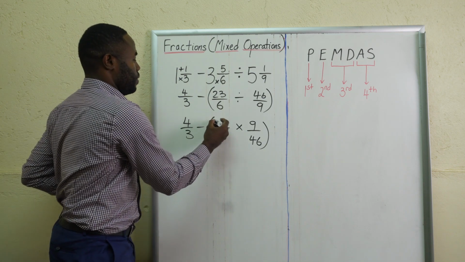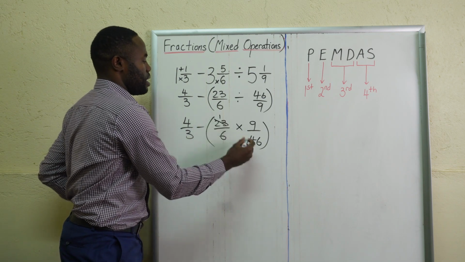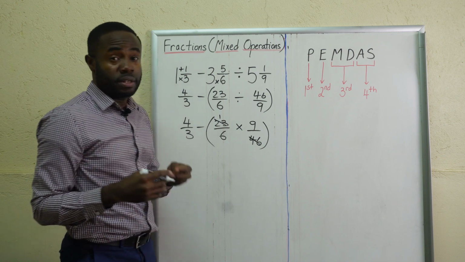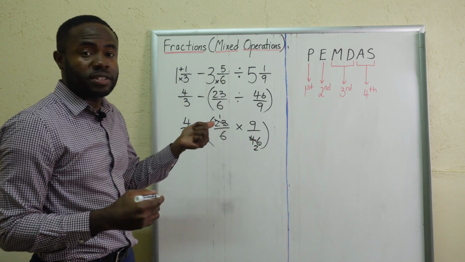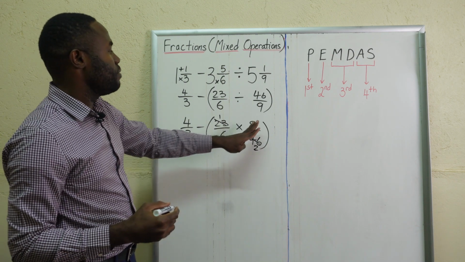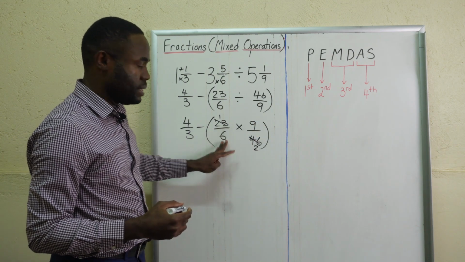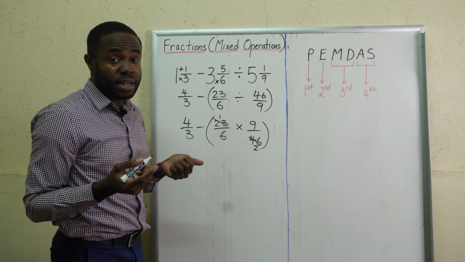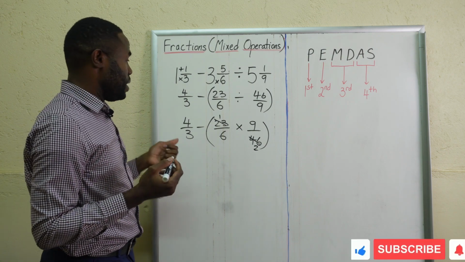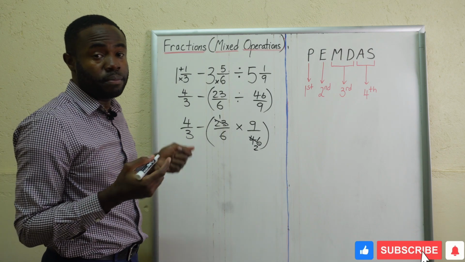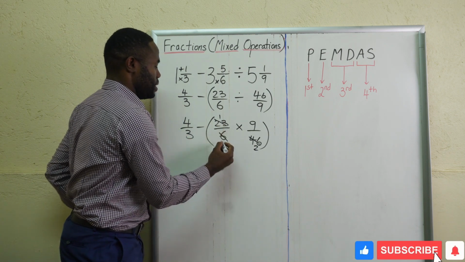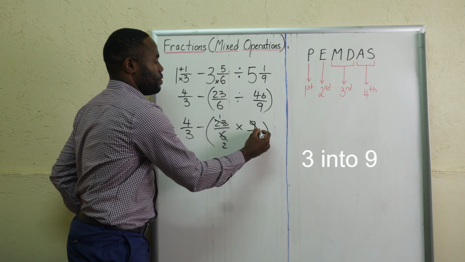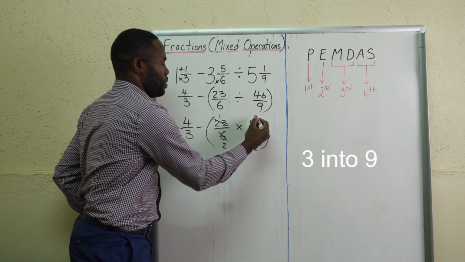So 23 into itself goes 1 time, and 23 into 46 goes 2 times. So that's one of the diagonals. Let's check the second diagonal. So we have 9 and 6. If you look closely again, you notice that 3 is a common factor for both 6 and 9. So let's divide. 3 into 6 goes 2 times, and 3 into 9 goes 3 times.